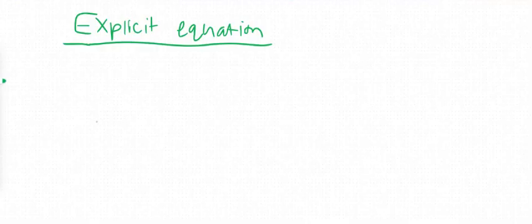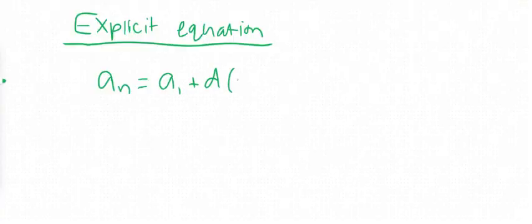Okay? So, our equation for an explicit arithmetic sequence is a sub n is equal to a sub 1 plus the difference times the number minus 1. Okay, what does that mean? Well, we're going to break it down by letter.